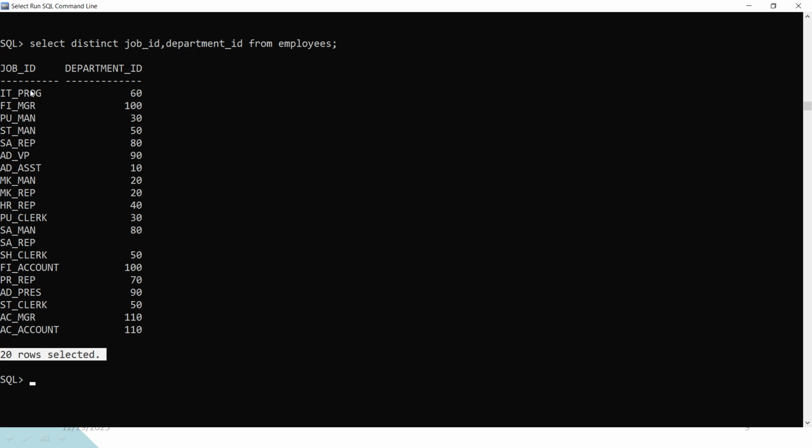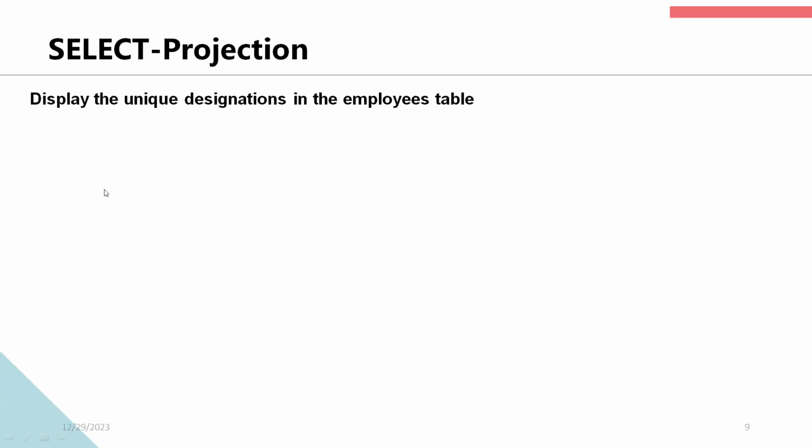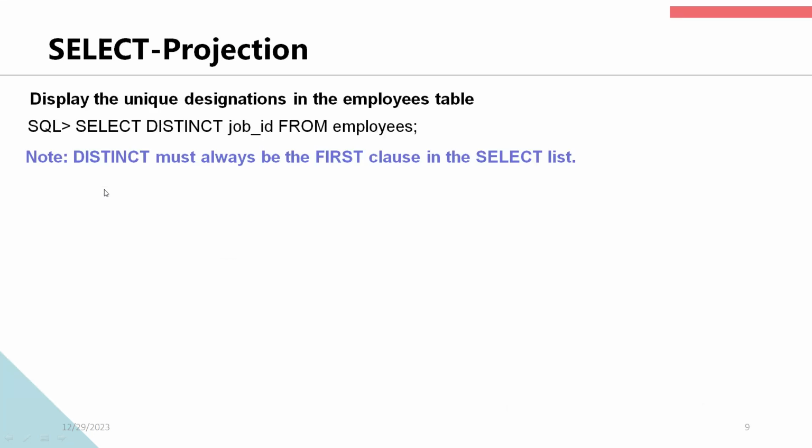The reason is we are selecting the job ID and also the combination with the department ID to be unique. So here if you observe, there is a sales representative who does not belong to any department and another sales representative who belongs to only 80th department, right? So this combination is different, so it is displaying you twice. Okay, so here whenever you are using distinct keyword, please ensure that that is always mentioned as the first clause in the select list.